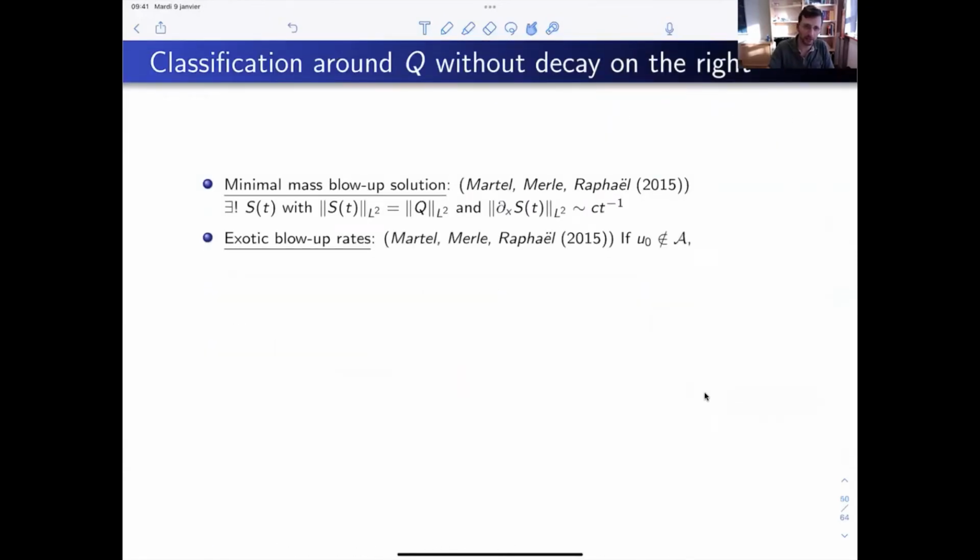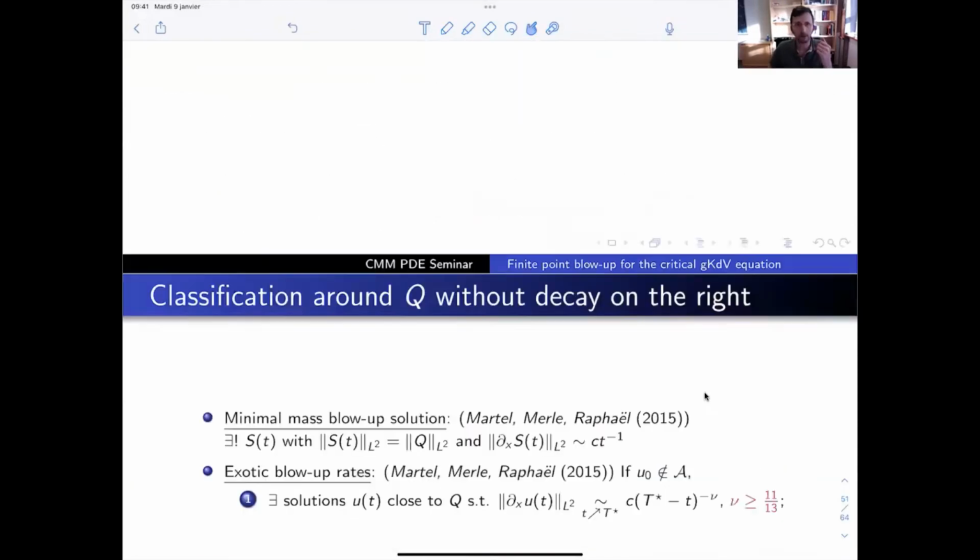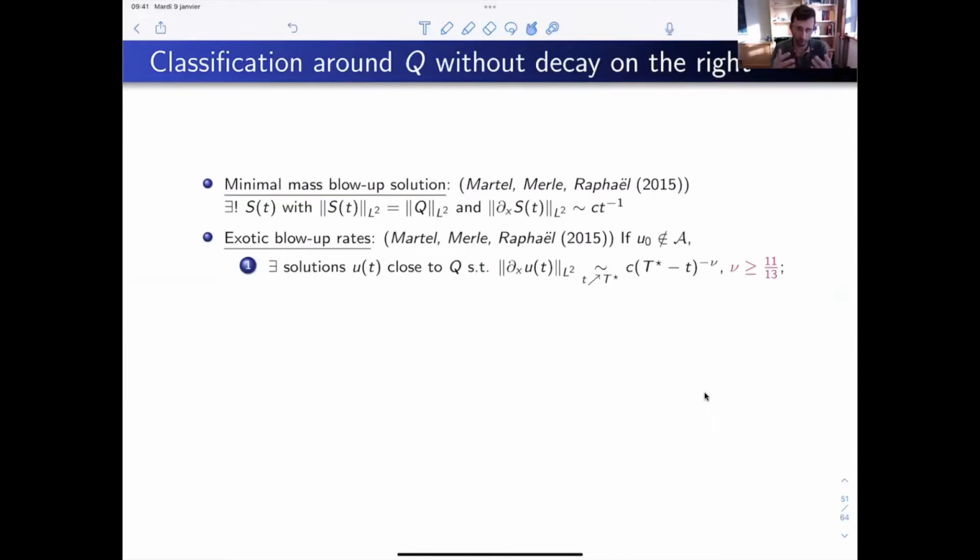Then you have another result. If you don't take the initial data in A, then Martel-Merle and Raphael were also able to construct families of blowing up solutions very close to Q, as close as we want in H1 to Q, but blowing up with different blow-up rates. Here you have a blow-up rate of T star minus T to the minus nu, where nu is any number larger than 11 over 30.